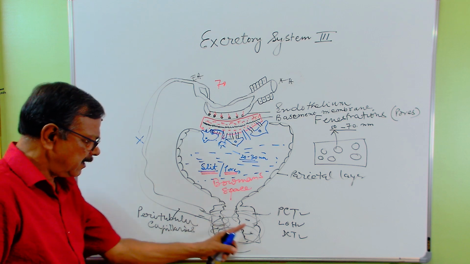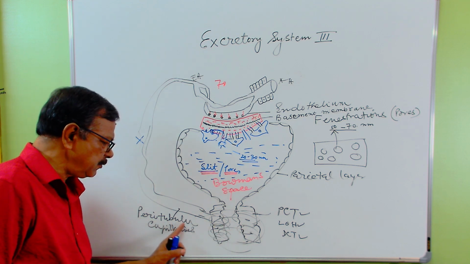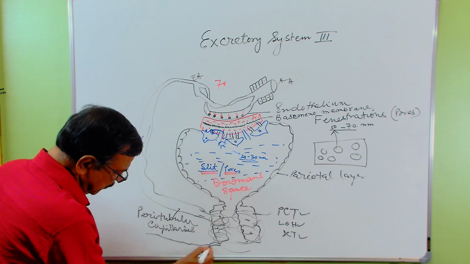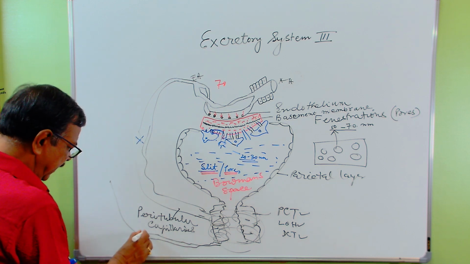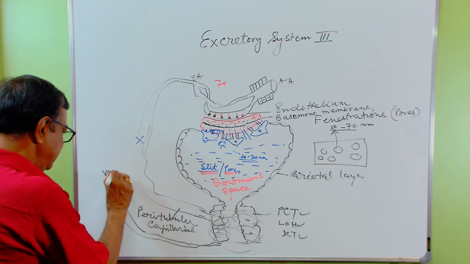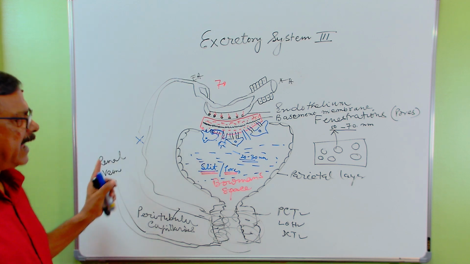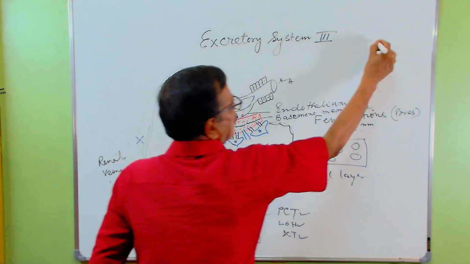These are known as peritubular capillaries, and these peritubular capillaries again join to form a vein. This is known as renal vein. That renal vein comes out.